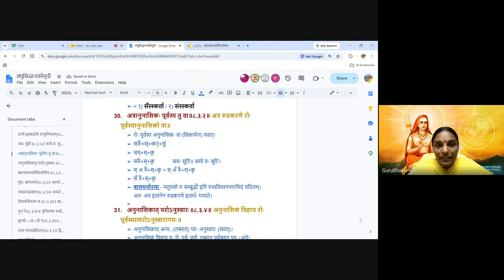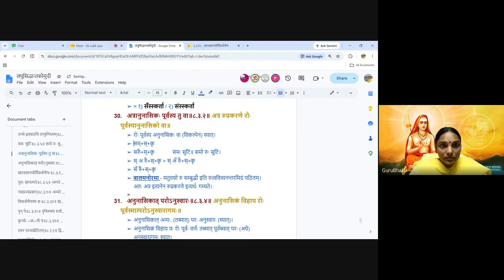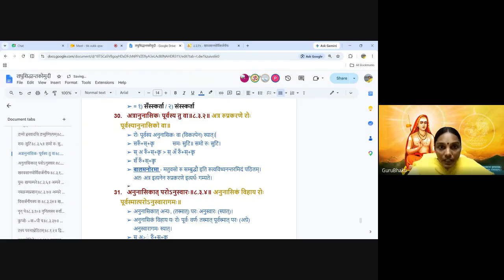Again, here it stopped with kru only, not continued with kar. We came up to sa, ru, sa, kru. So in the place of makara, rukara has been replaced by samasuti.